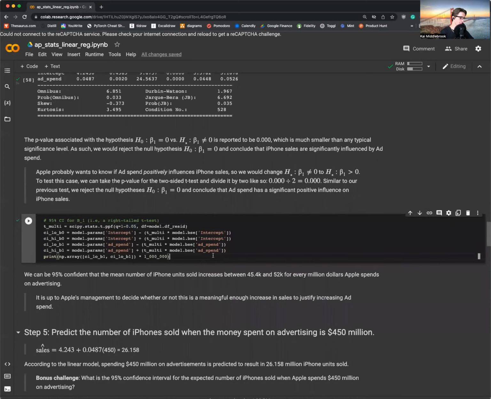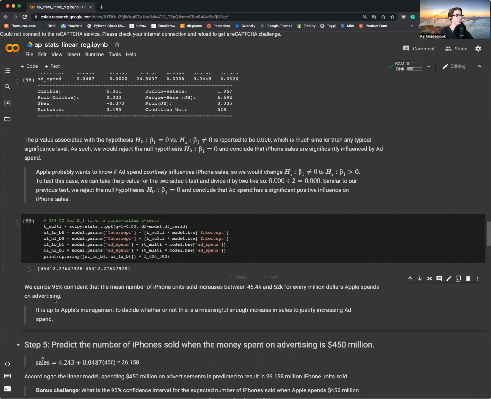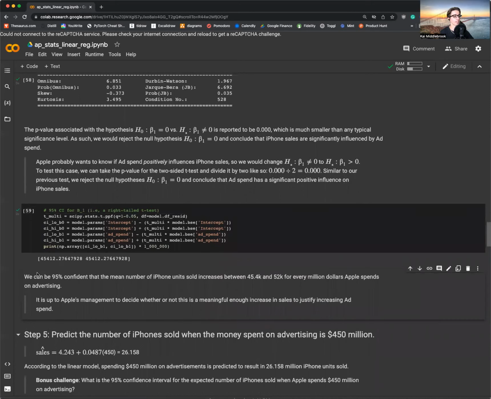And we're going to take a look at these values. So let's interpret this 95% confidence interval. We can be 95% confident that the mean number of iPhone units sold increases between 45.4 thousand and 52,000 for every $1 million that Apple spends on advertising.